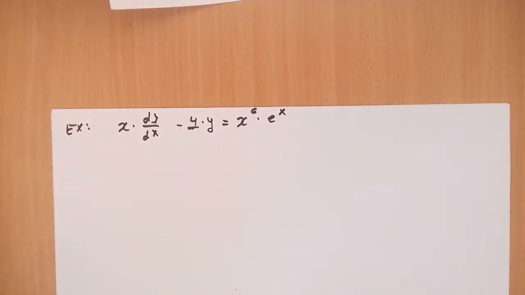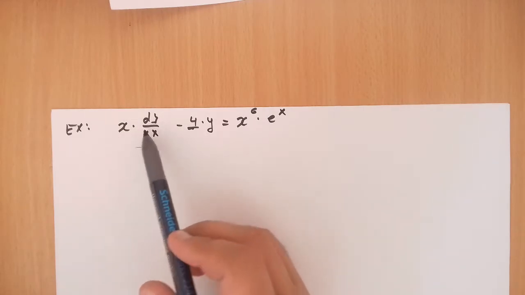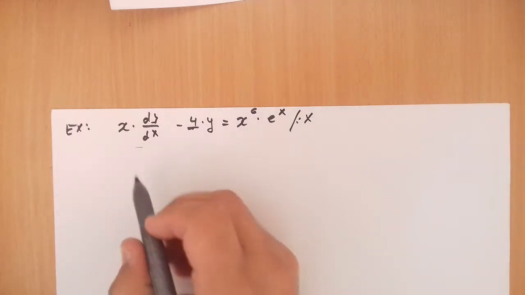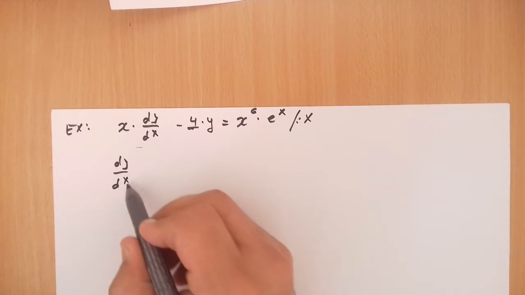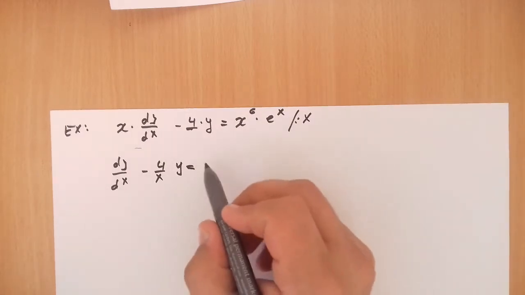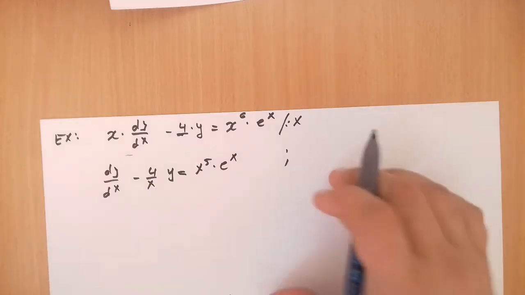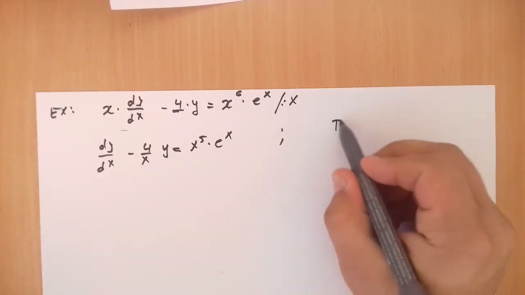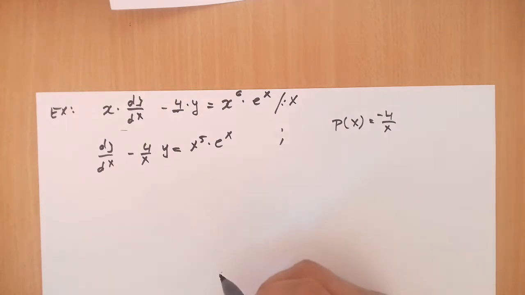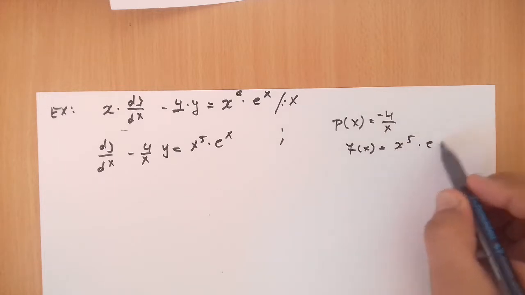First thing that we have to do is to leave only dy by dx, so we have to divide both sides by x. dy by dx minus 4 over x times y equals x to the 5th times e to the x. So we know that p of x is minus 4 over x. We know that f of x is equal to x to the 5 times e to the x.